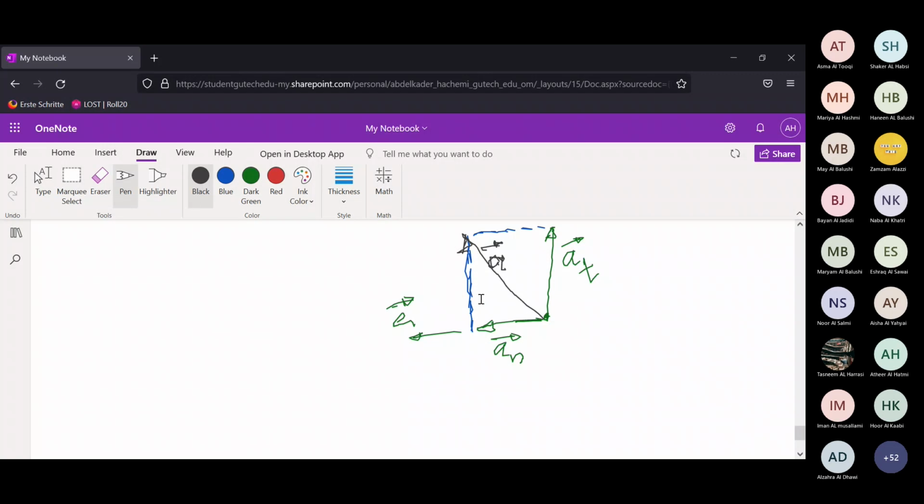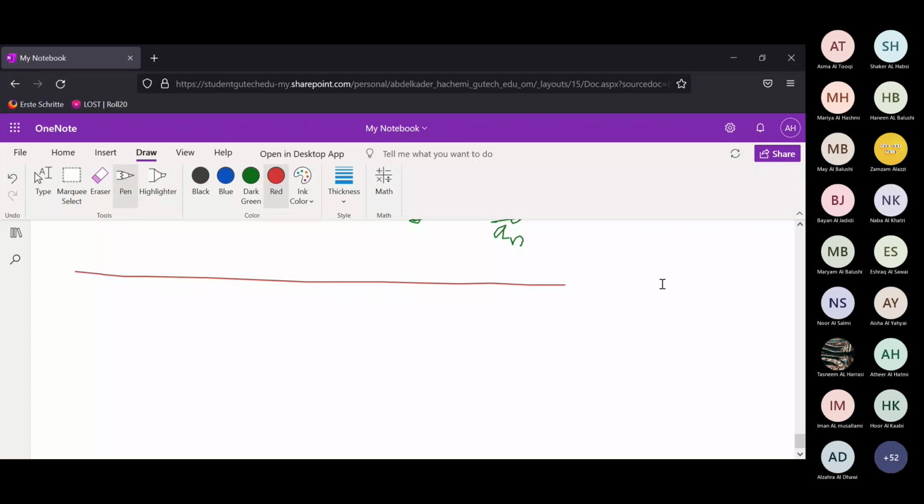Now I will make the line here and return back to exercise 2.